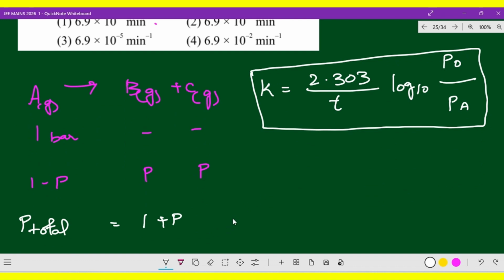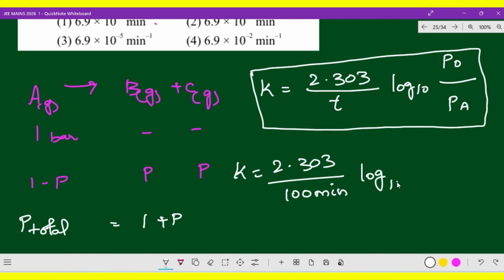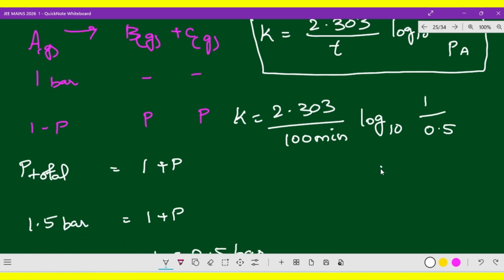So K equals 2.303, time they have given is 100 minutes, log base 10 of 1 by 0.5 which we have received. So 1 by 0.5 is 2, log base 10 of 2.